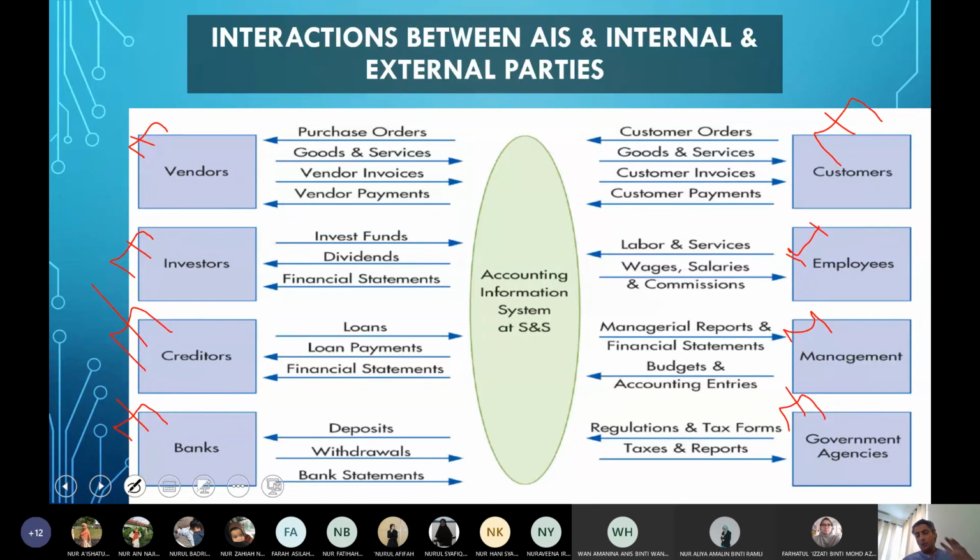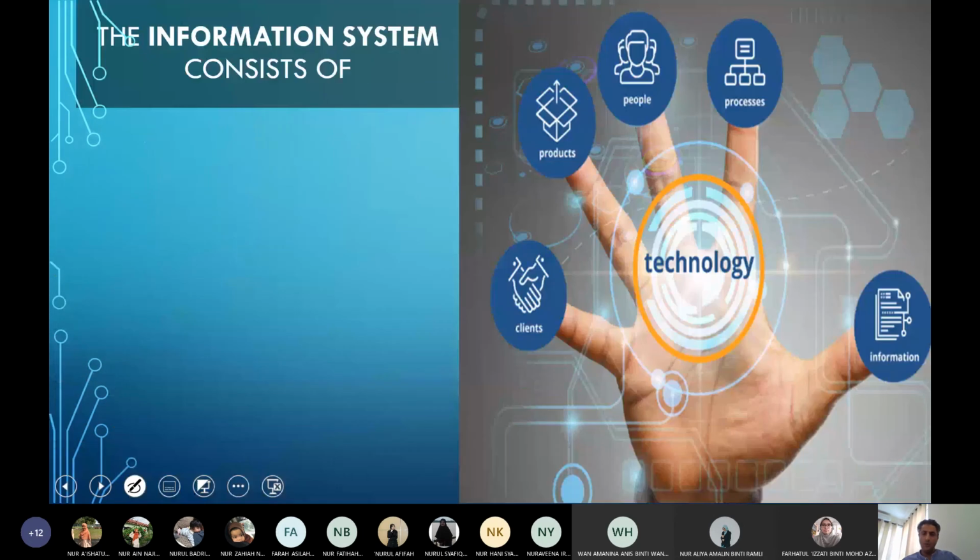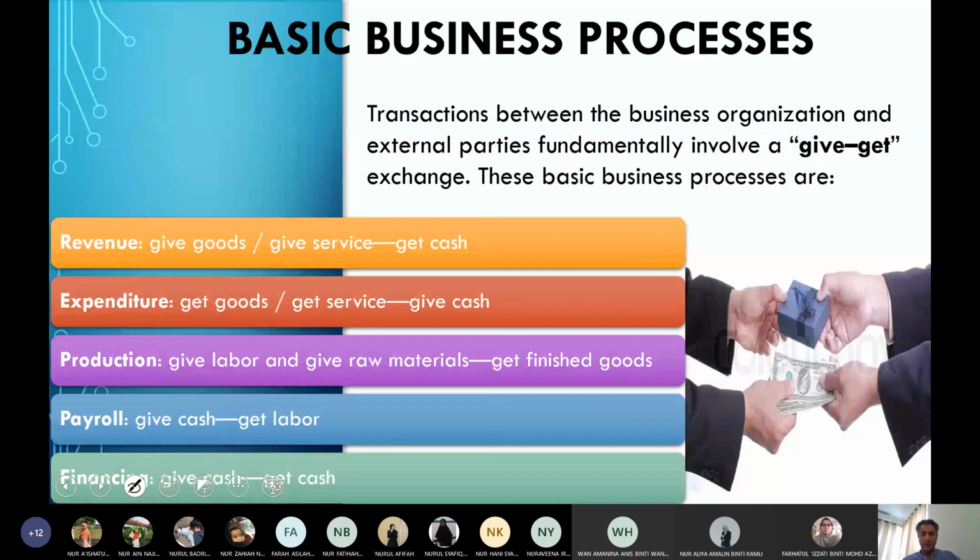Okay, so please keep in mind that this is how the AIS handles the relationship and the flow of the business process within the system and the other parties. What I just explained is in short.